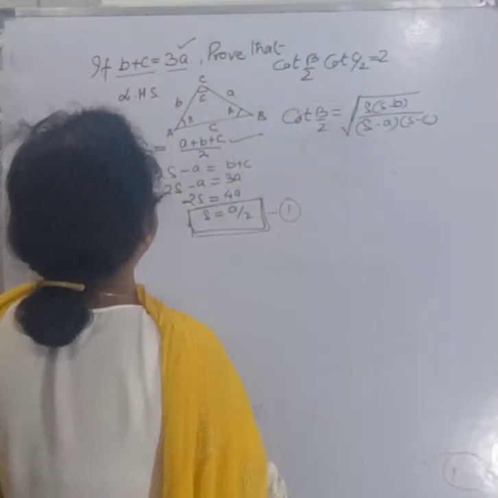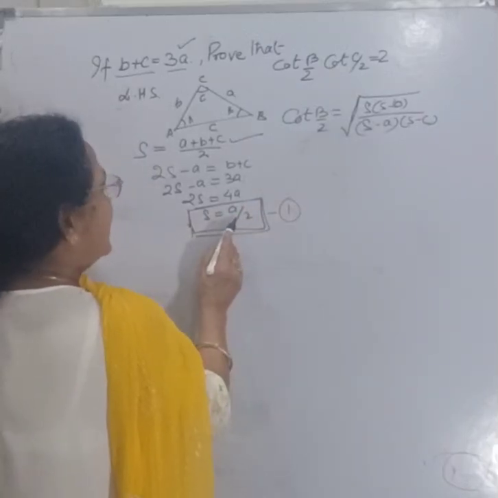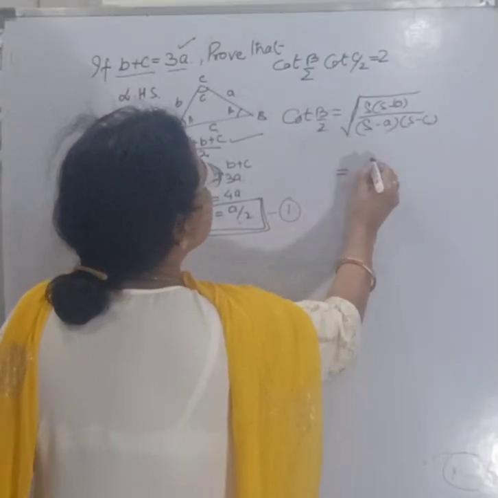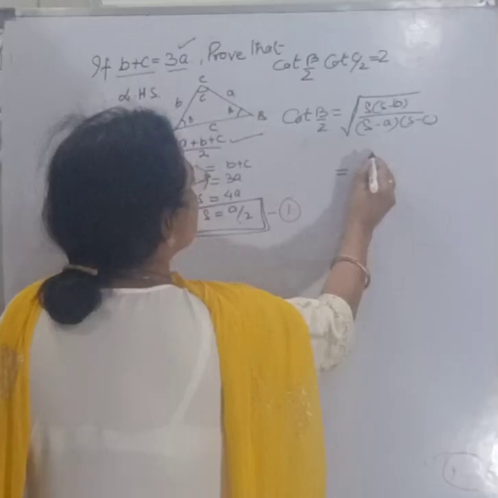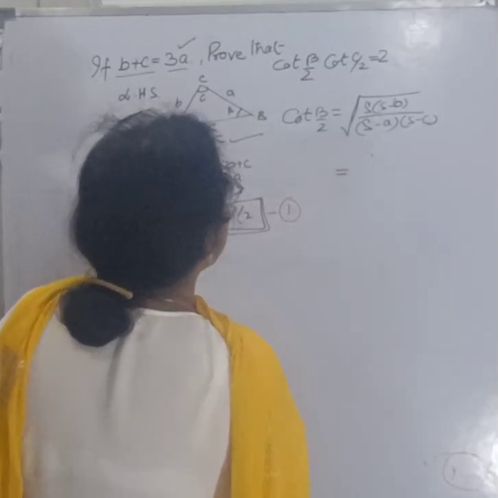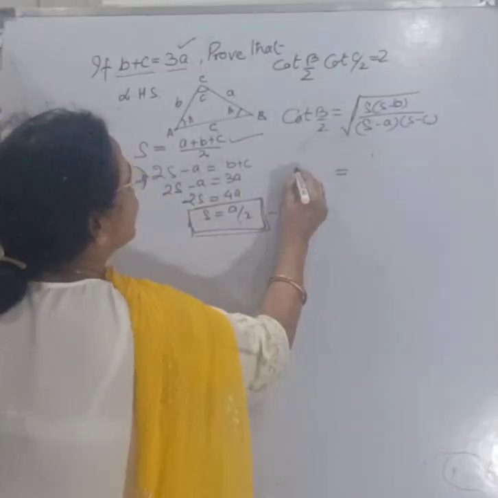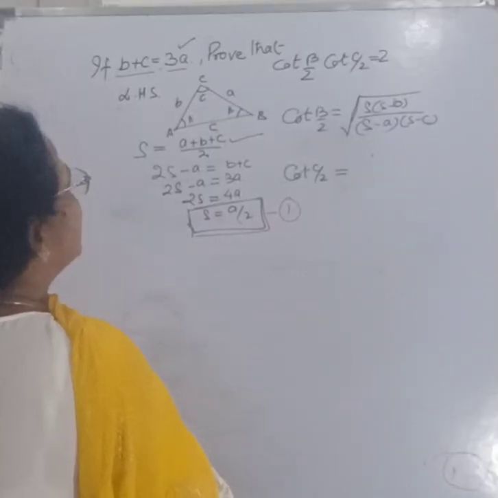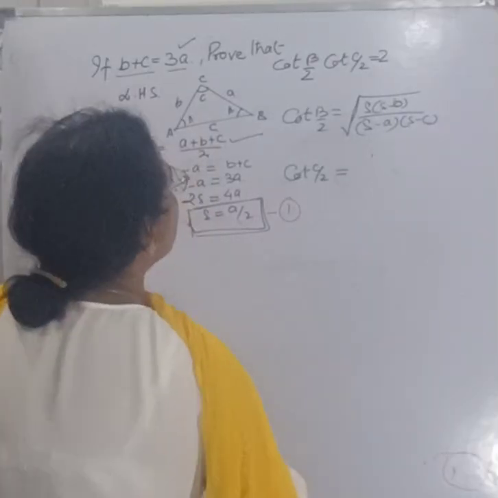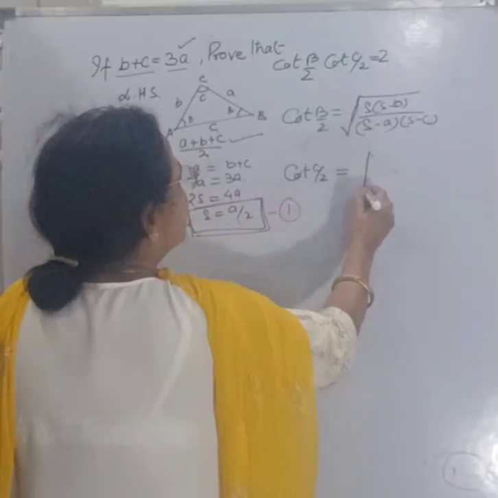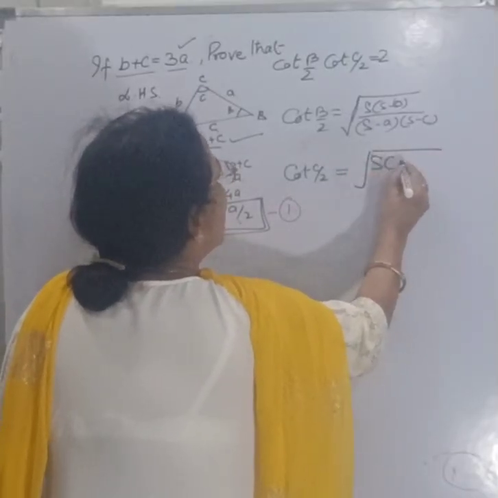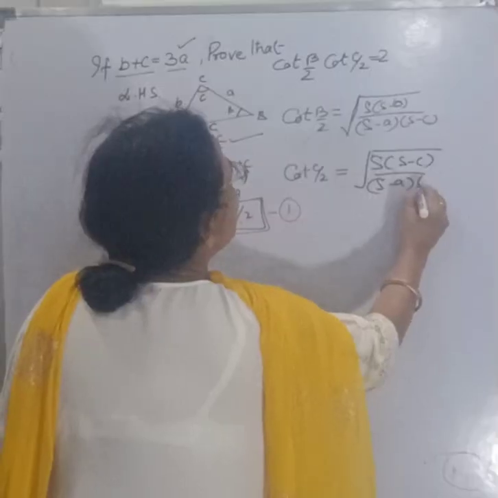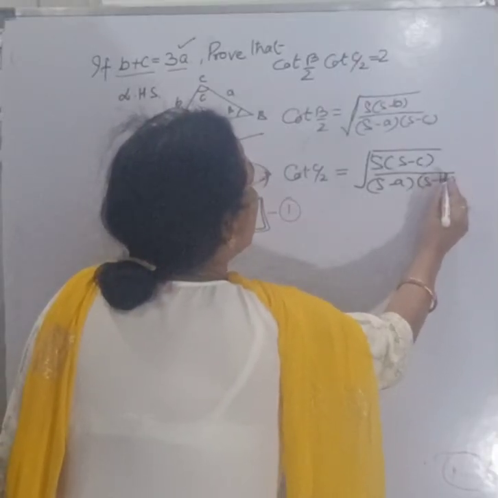Now we can find the values in terms of A by substituting S, but let us leave it like this for now. Same in the case of cot of C by 2: it can be written as root of S into S minus C upon S minus A into S minus B. You should remember this formula.